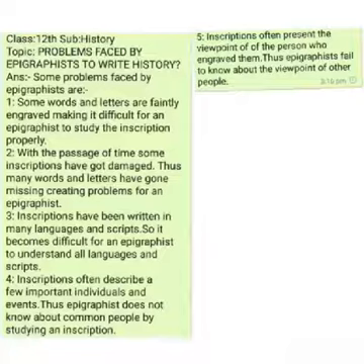If the epigraphist is not able to get holistic or complete information, as some words are not engraved in a proper sense but are faintly or roughly engraved. Number one.